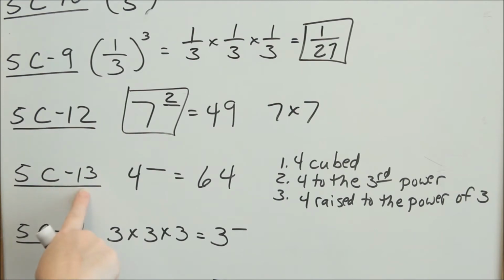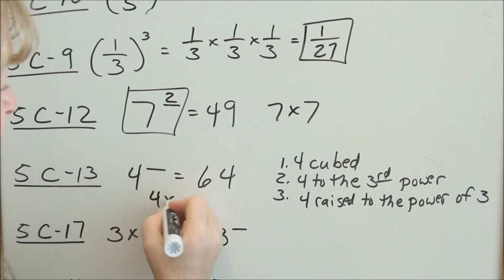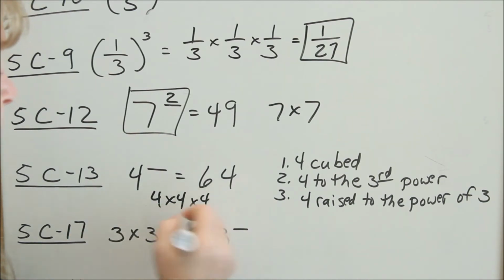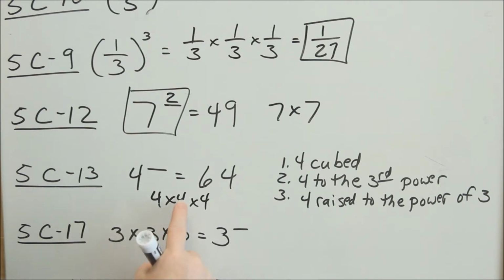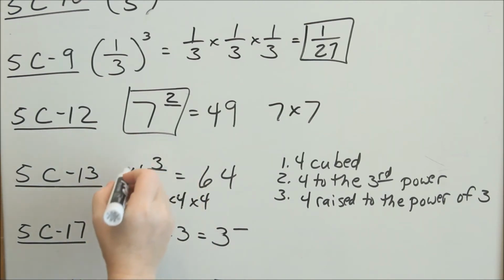Look at 5C13. 4 to the what power equals 64. Well, you need to write down 4 times 4. Is that going to give you 64? No, because 4 times 4 is 16. Now do this. 4 times 4 is 16. 16 times 4, that will be 64. So we wrote it 1, 2, 3 times, so that needs to be to the third power.